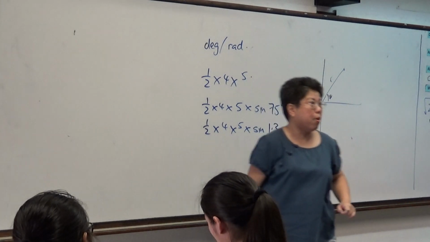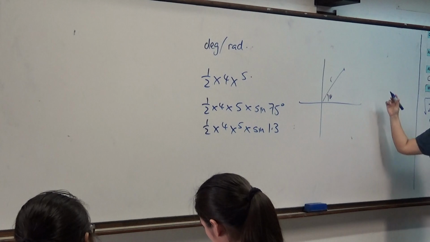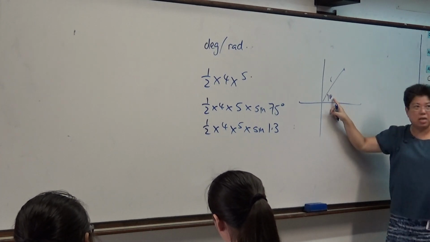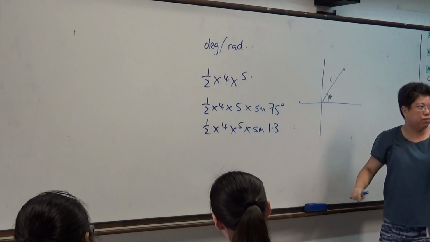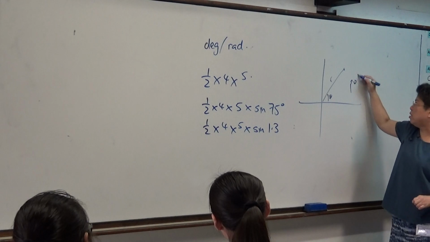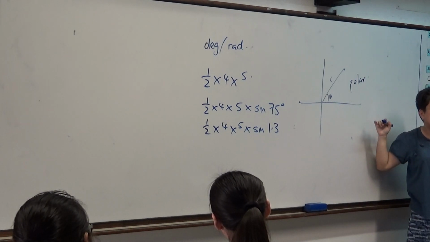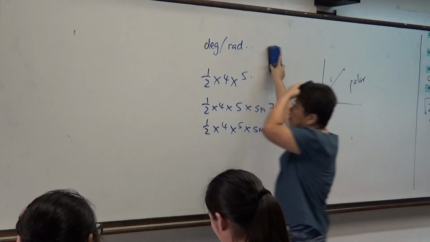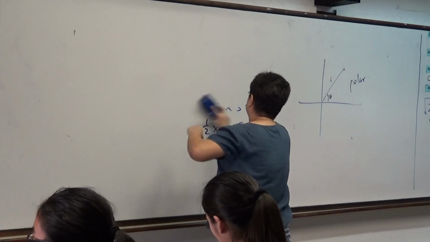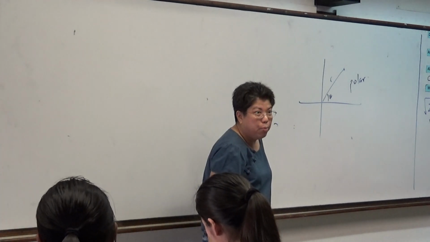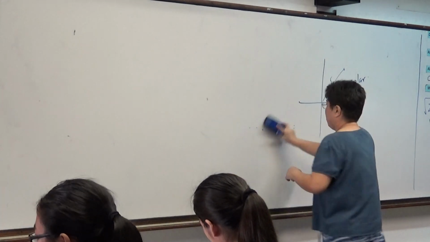For example, I say r is 4, that means 4 cm, or 4 units, then this theta is 45. You can see that I can also identify the point. So this is called polar coordinates. When you go to JC, if you do maths, you will know all this, alright? It's not polar bear. It's called polar coordinates.